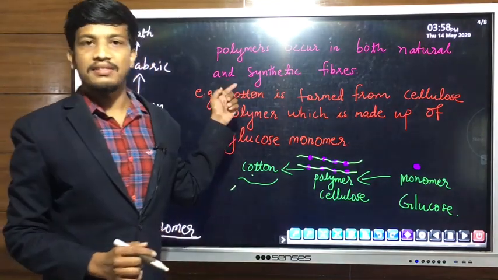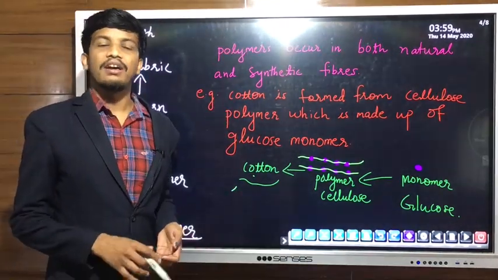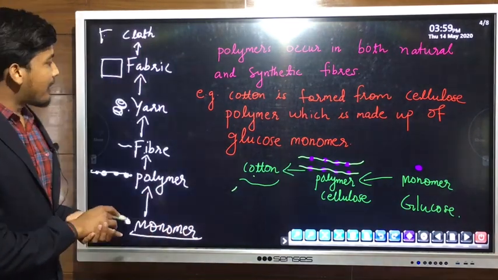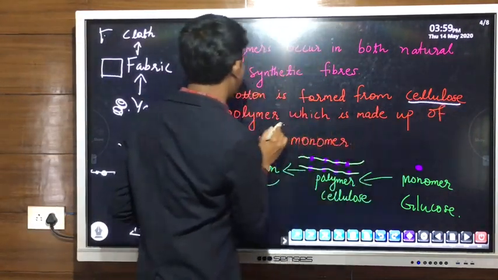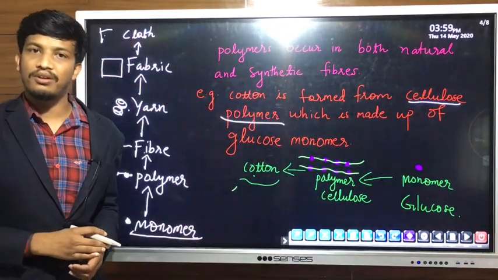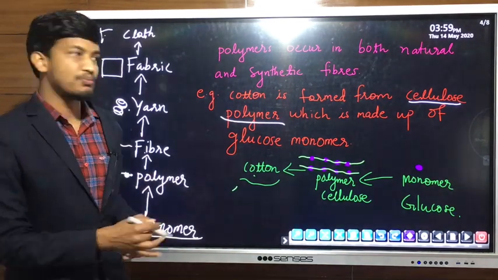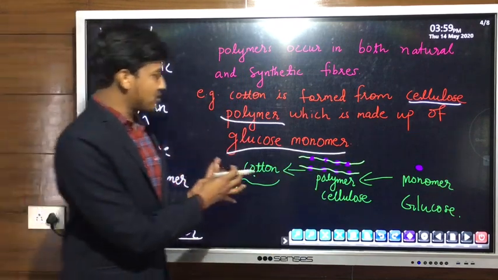So we can consider an example for this. Cotton is a natural fiber. It is obtained from cotton plants. And now, what is the polymer of cotton? Cellulose. So cotton fiber is made up of cellulose polymers, and cellulose polymers are made up of which monomer? Glucose monomer. So we can visualize like this.